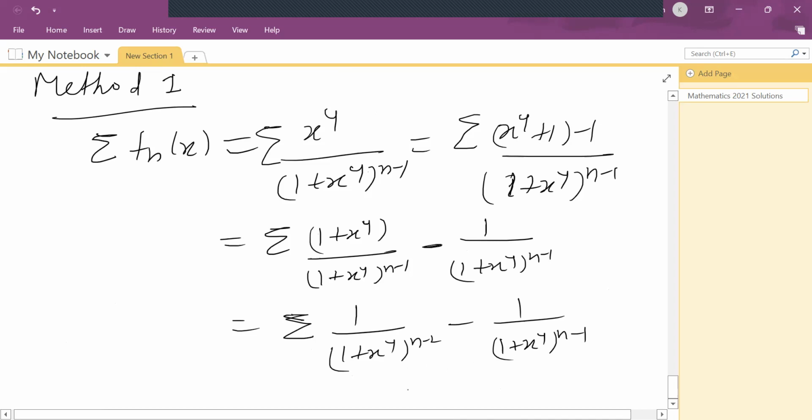If you see, this is a series of differences where each term will cancel out with the previous term.